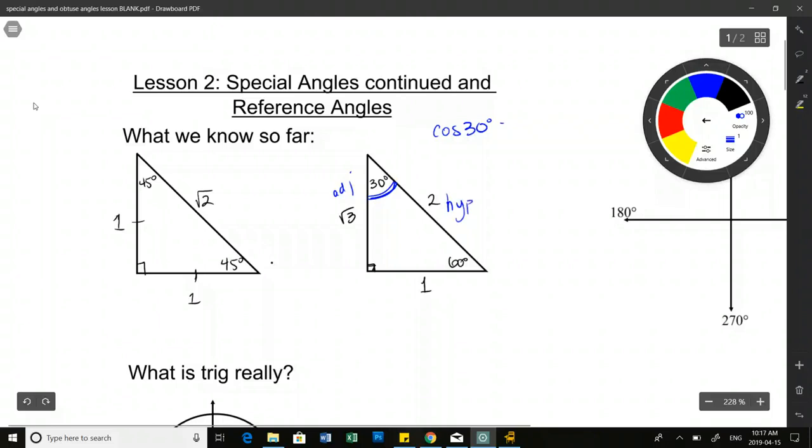And then what I can get from that is the exact ratio of the cosine of 30 for all right triangles that have that angle. We know with our modern day calculators, our calculators will give us this value, but we want to know why our calculators are giving us this value. So we're going to try to stay away from using calculators for the next little while.